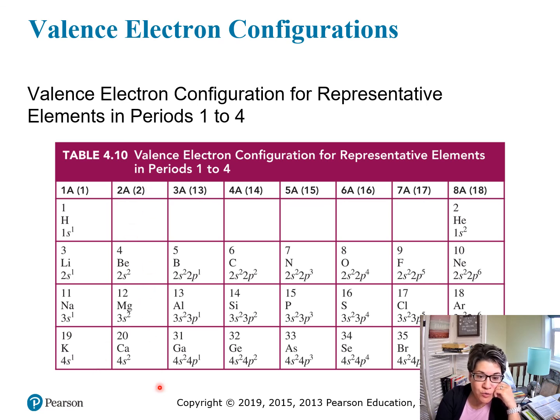All of these have 2 outer electrons because they're filling up that 2s shell, and then the p shells are underneath that shell. These all have 3 outer electrons because they're filling up the s shell and 1 electron in the p shell. These have 4, these have 5, these have 6, these have 7, and these have 8.